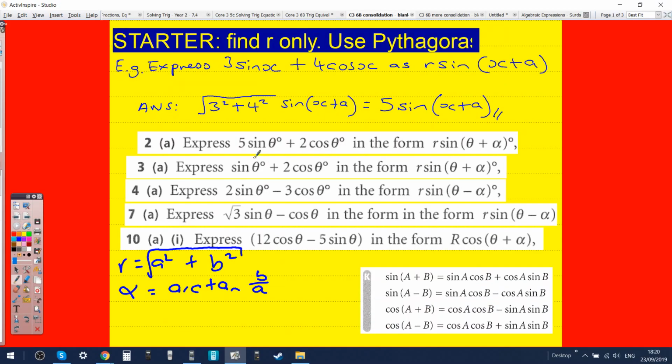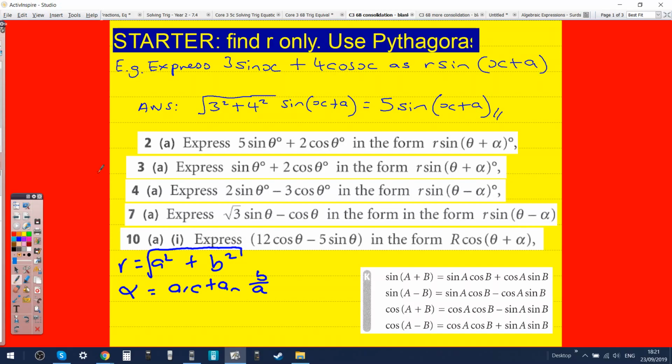Oh, okay. Let's do 4A. You got that one right. Let's do 4A. Okay. 4A. So 2 sine theta minus 3 cos theta in the form R sine theta minus alpha.